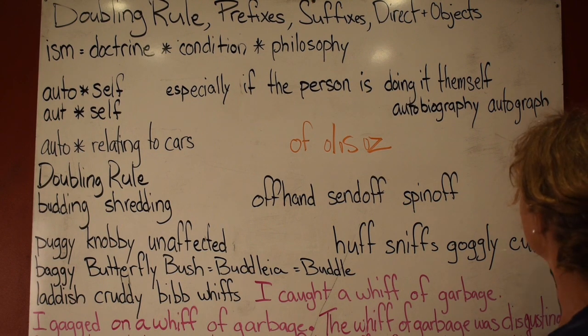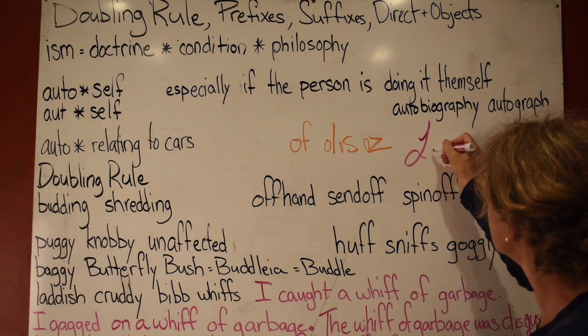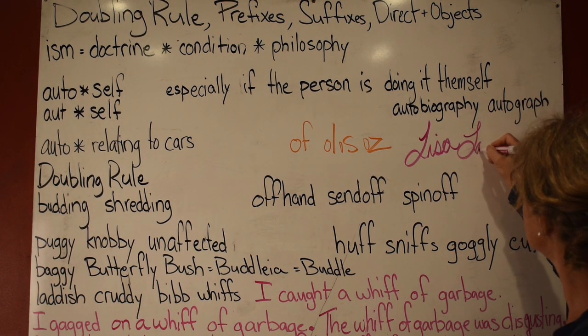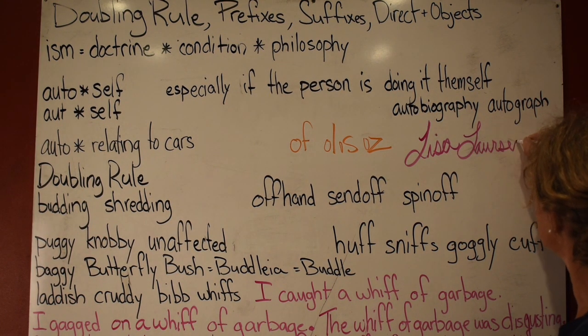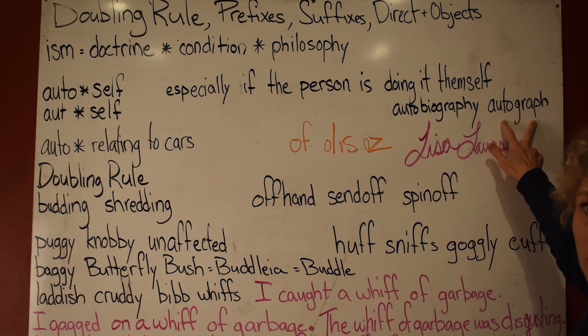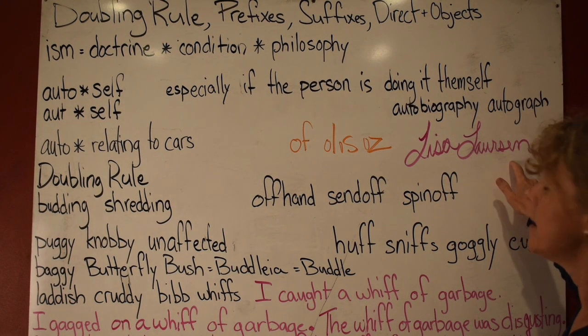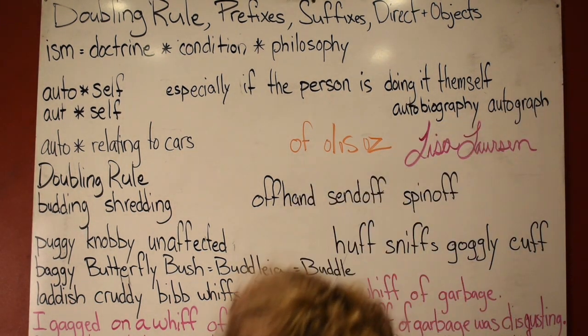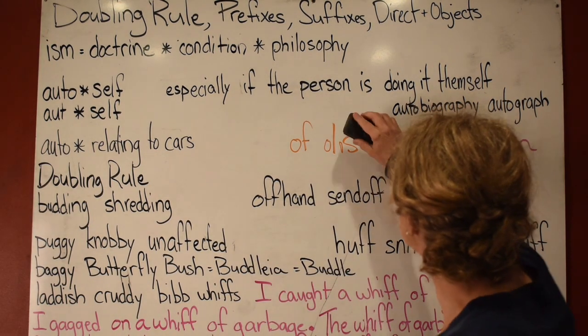So my autograph is Lisa. Now if Daniel came up and wrote that, then that would not be an autograph, right? Because he's not doing it, he's doing it for me. So it's not the self.